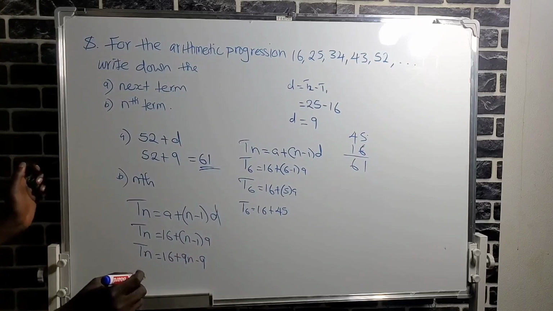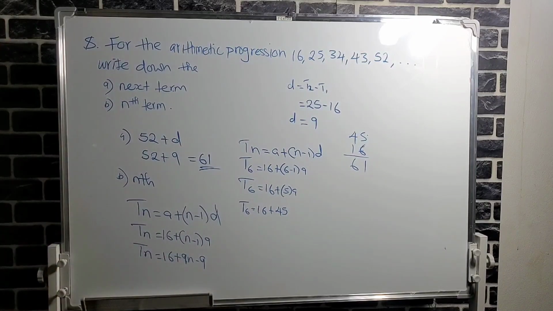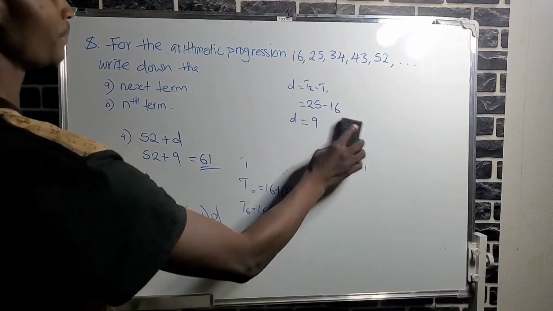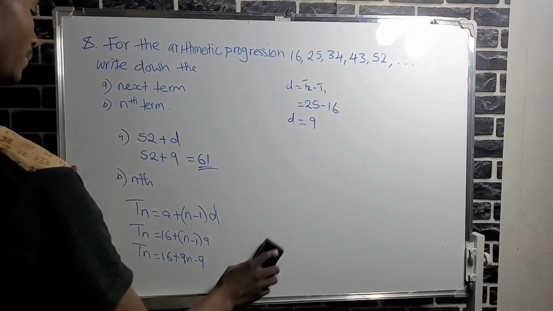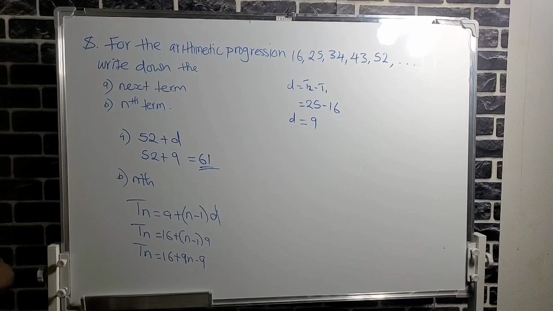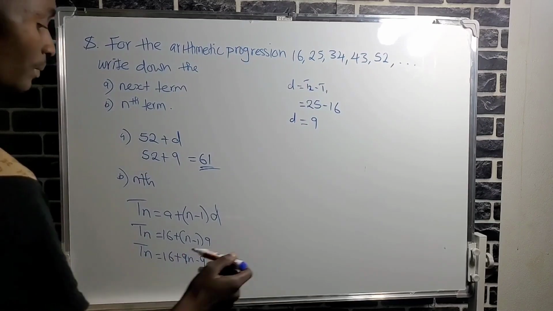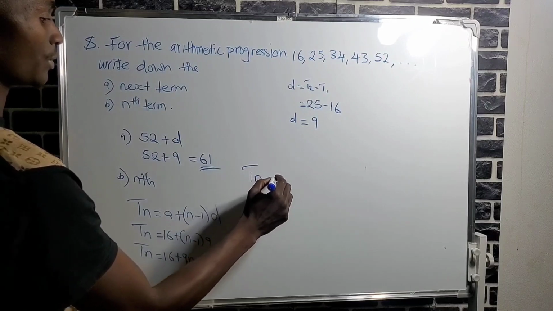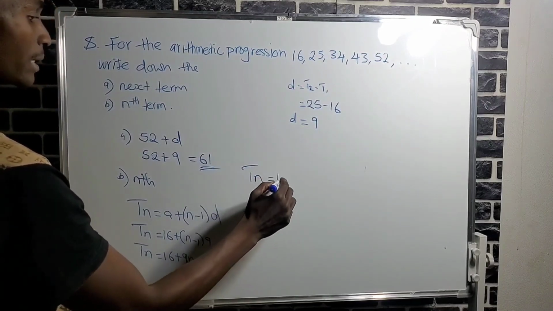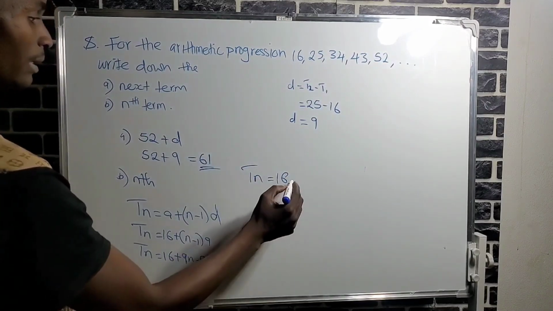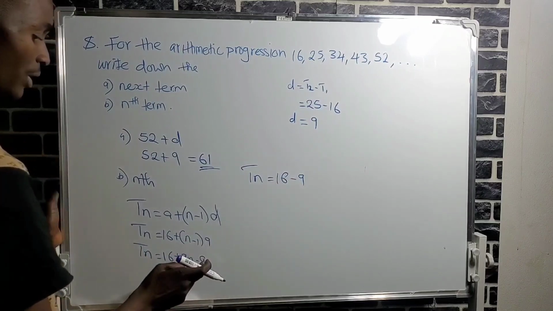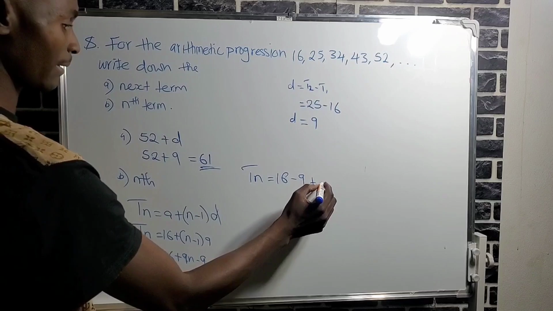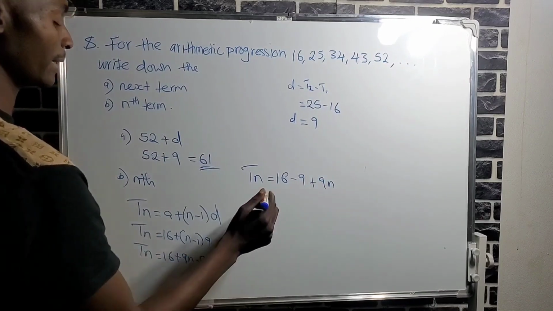So you can say here Tn is equal to 16 minus 9. Why not changing the sign? Because it's not crossing the equal sign, plus 9n.